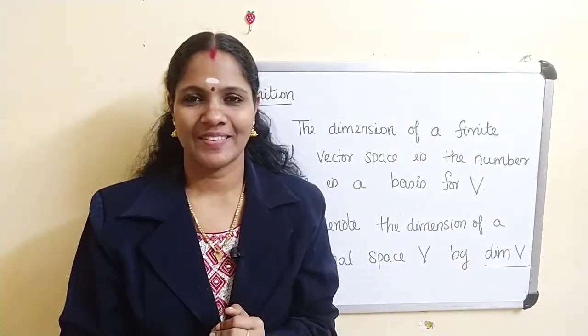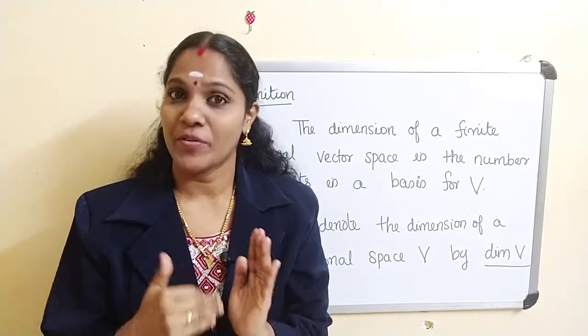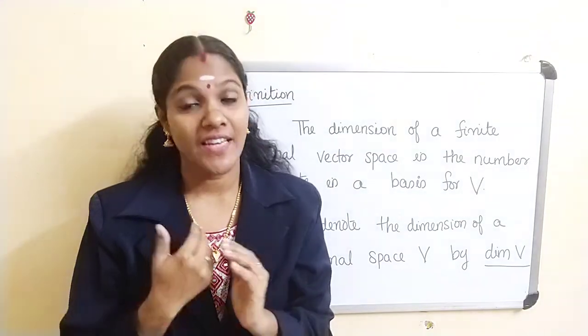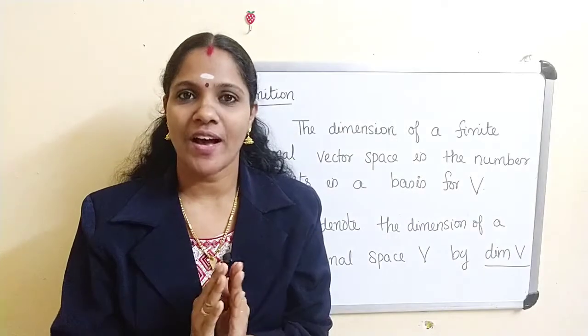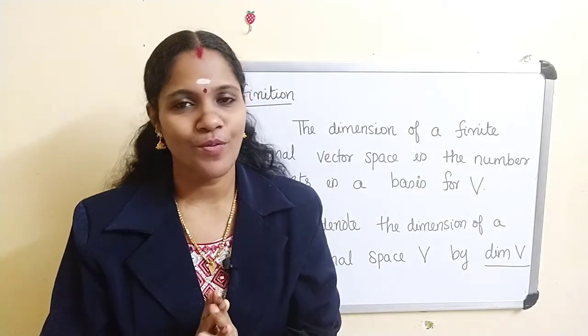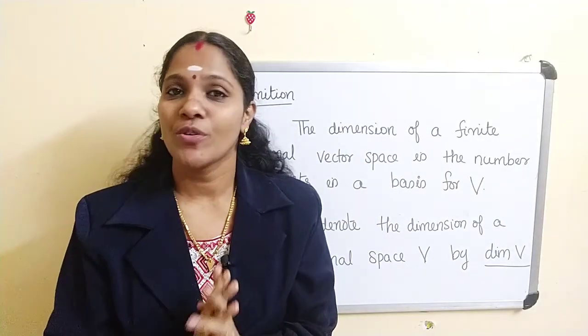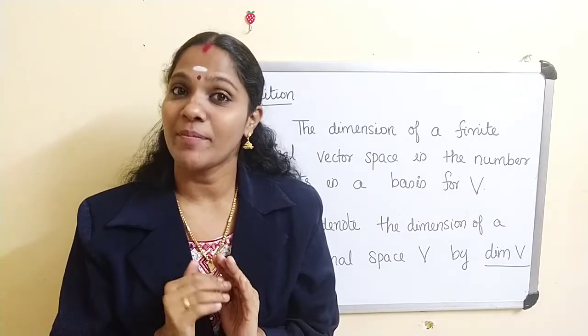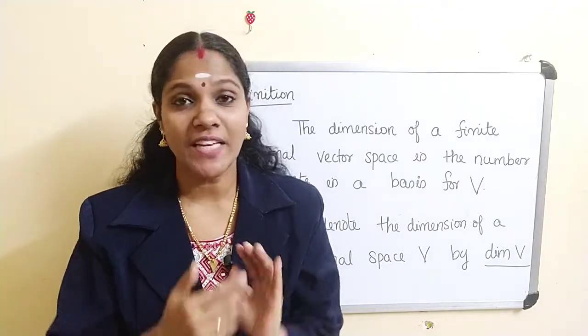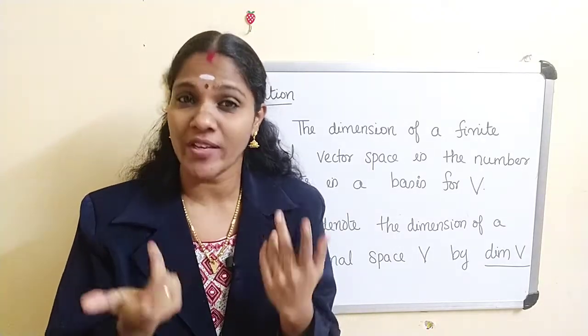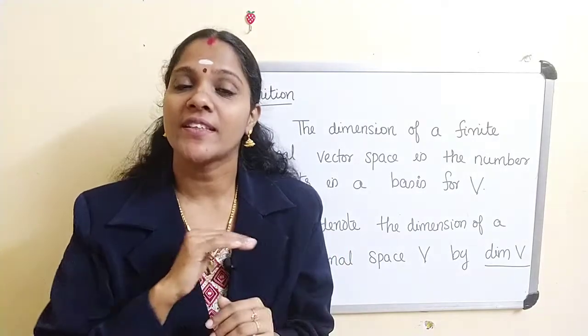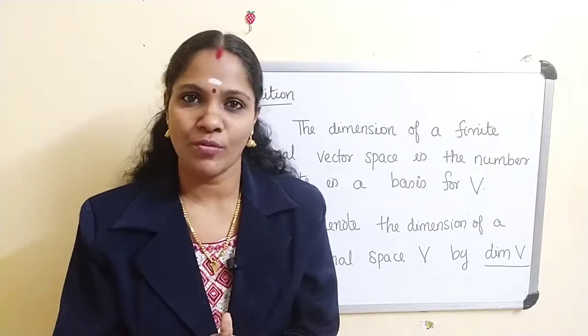So let V be a vector space, then any two bases of V have the same number of elements. If you take any two bases of a vector space V, then they contain the same number of elements.